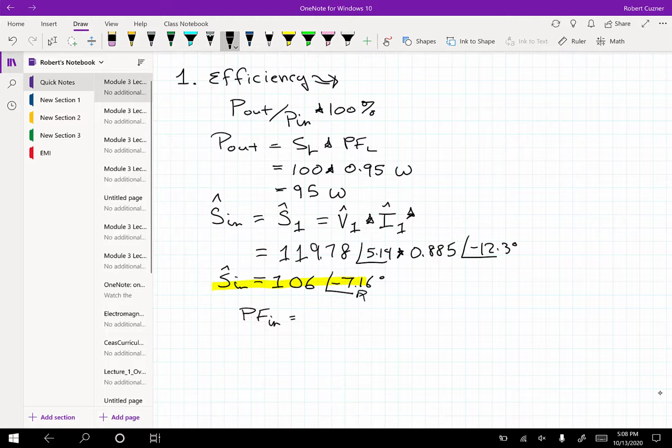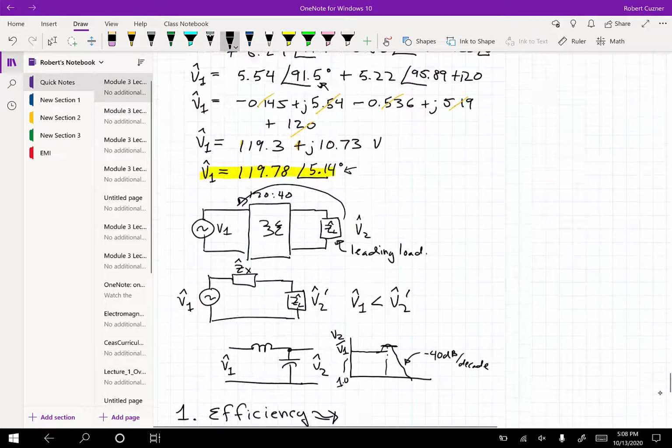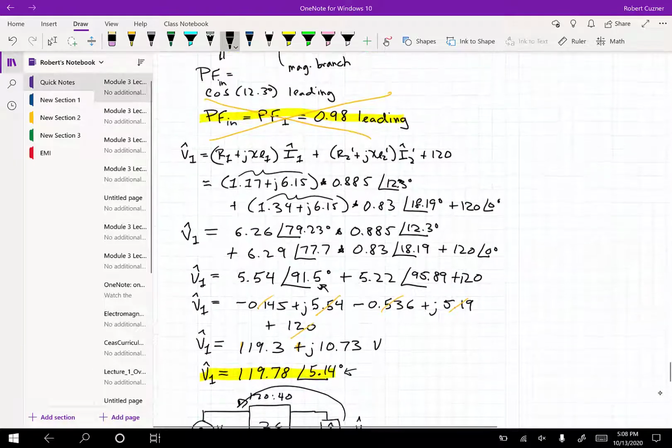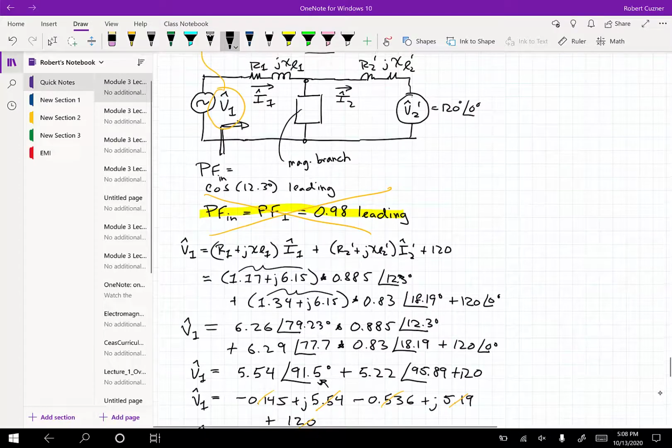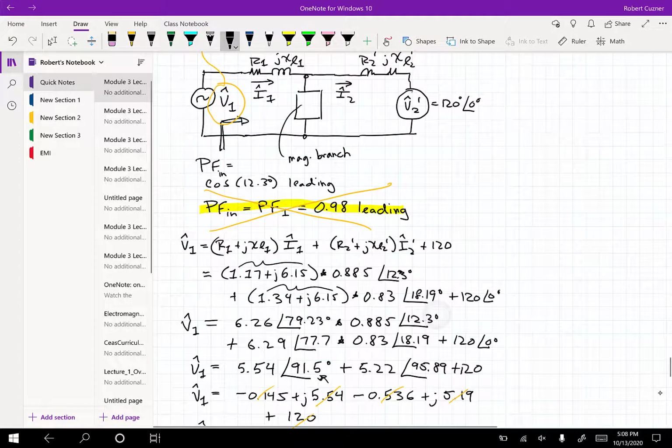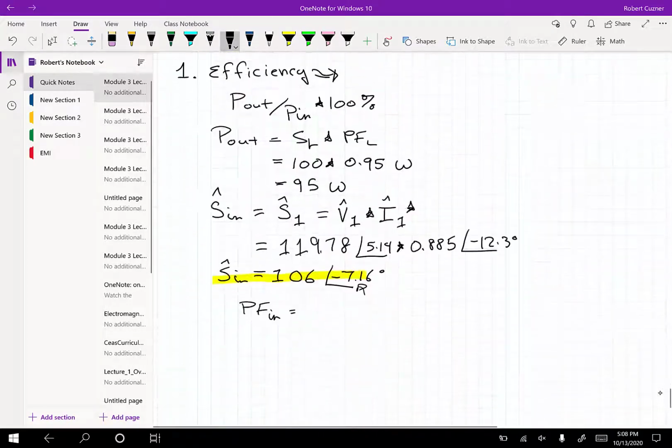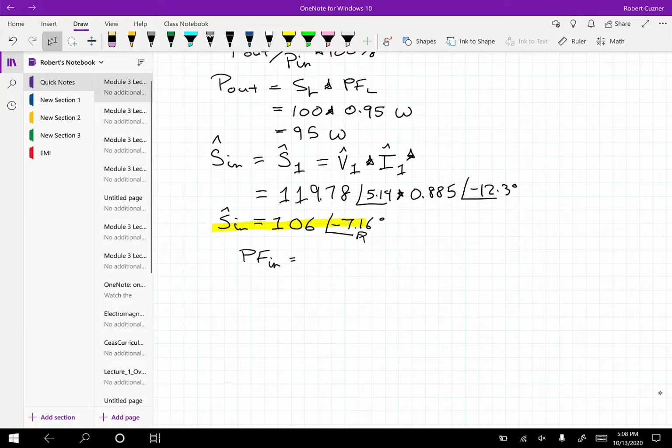This is strange, because what we're really seeing is, let's go back here. Before, the cosine of 12.3, that was a small number. Okay, we're good. So we're going to take the cosine of negative 7.16.